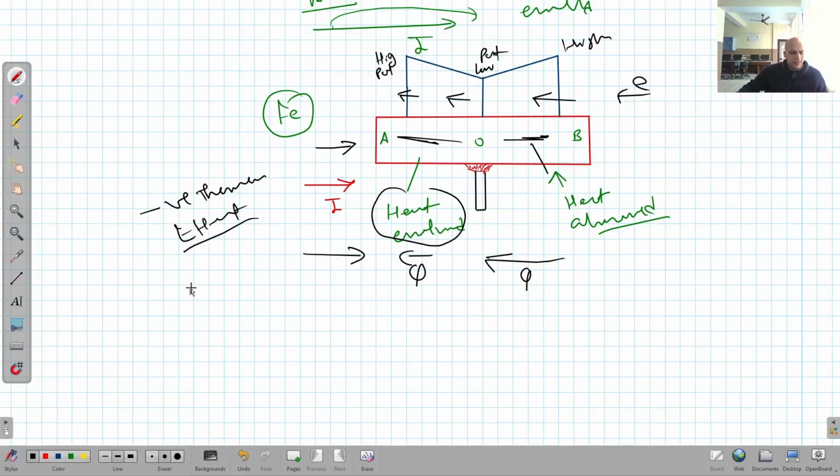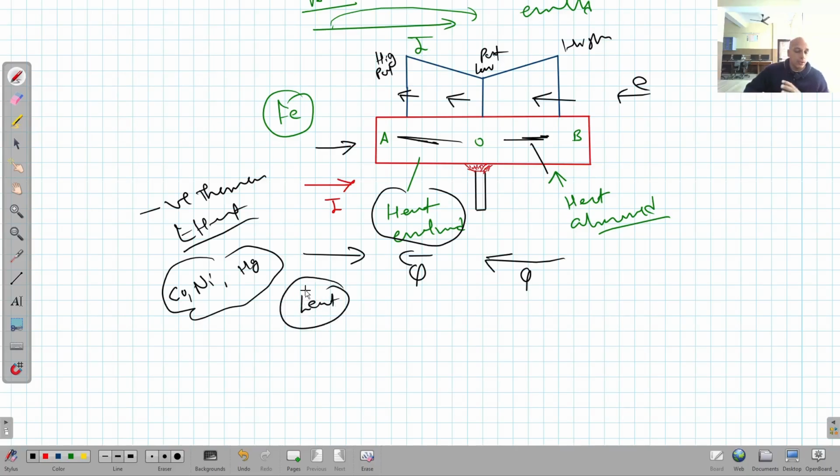There are other metals also that show negative Thomson effect: cobalt, nickel, and mercury. This type of effect is called negative. There is one metal, lead, that shows this effect as 0.